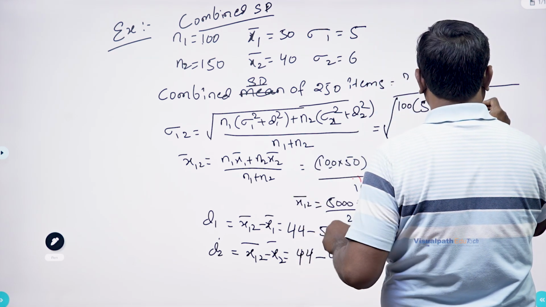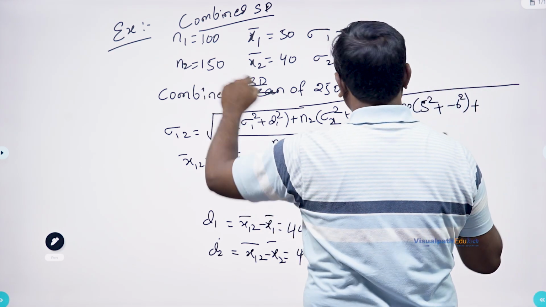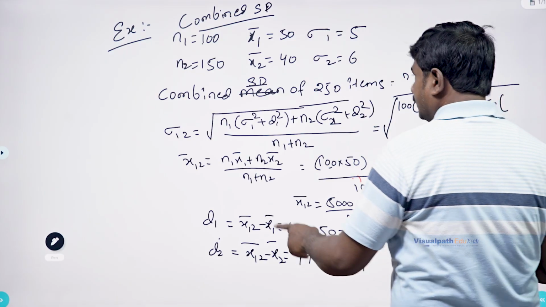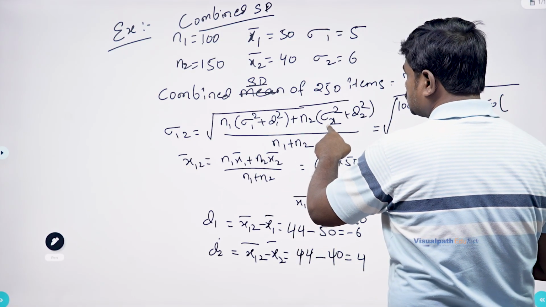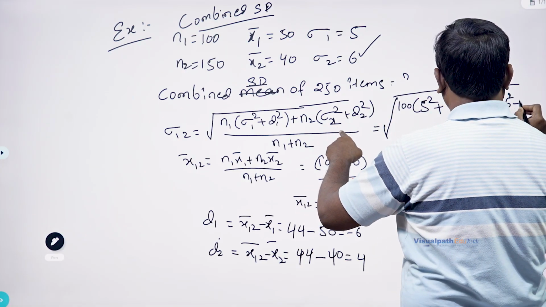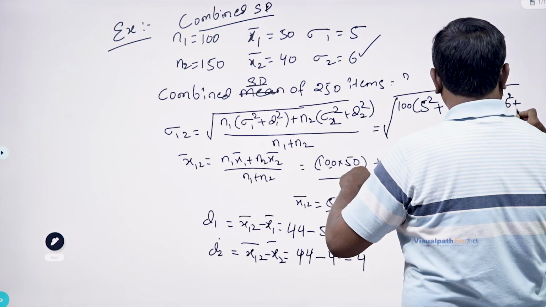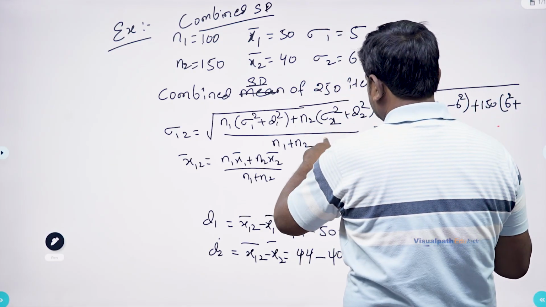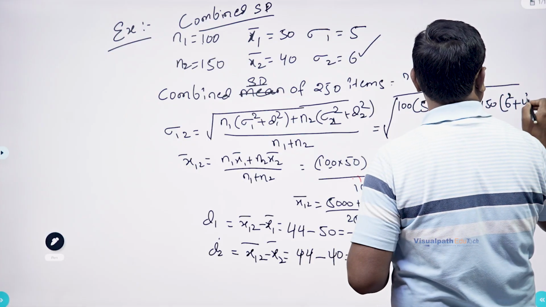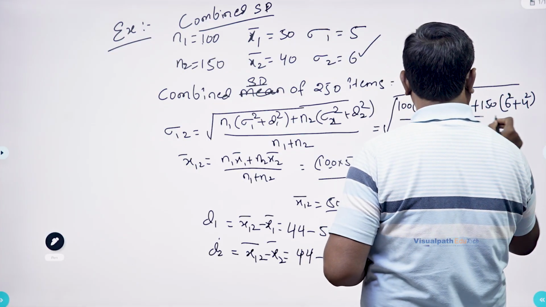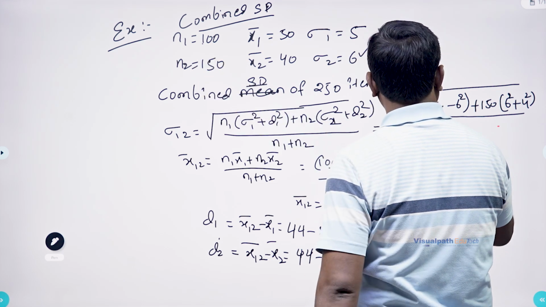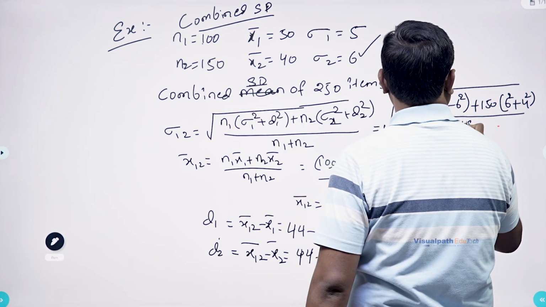Plus n2, that is 150, into sigma 2 square, that is 6 square, plus d2 square, that is 4 square, all by n1 plus n2, that is 100 plus 150.